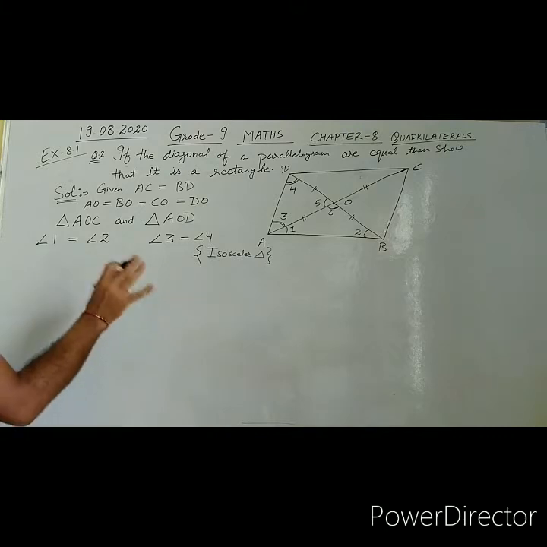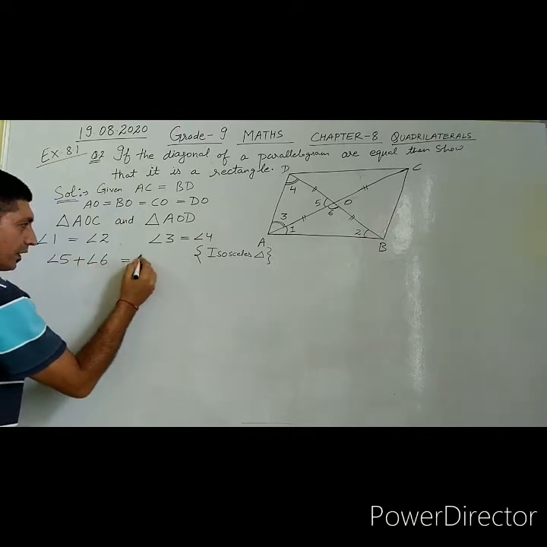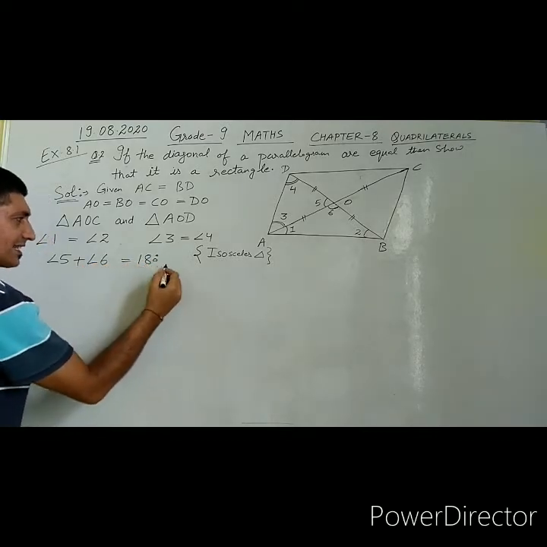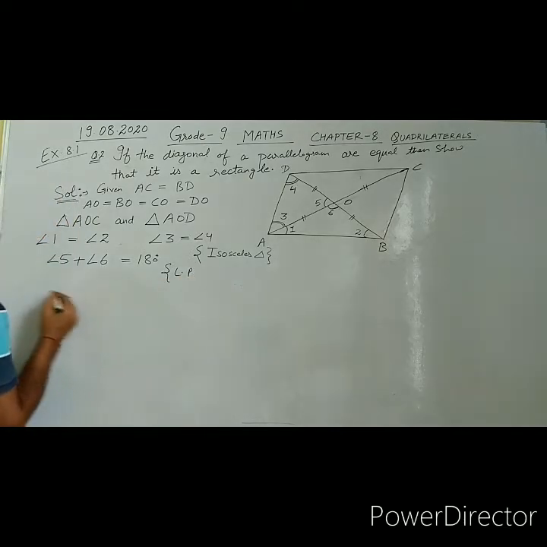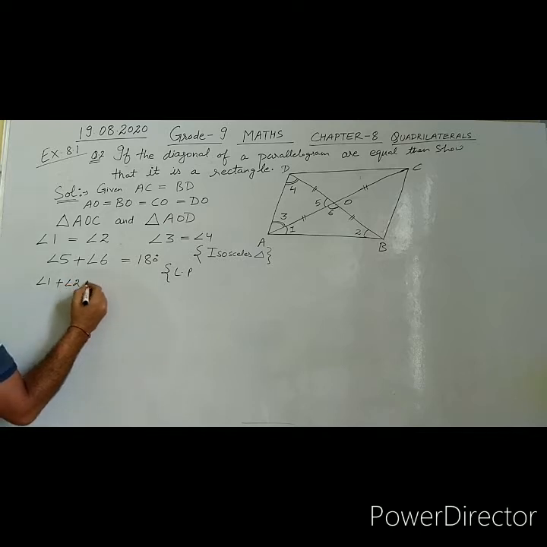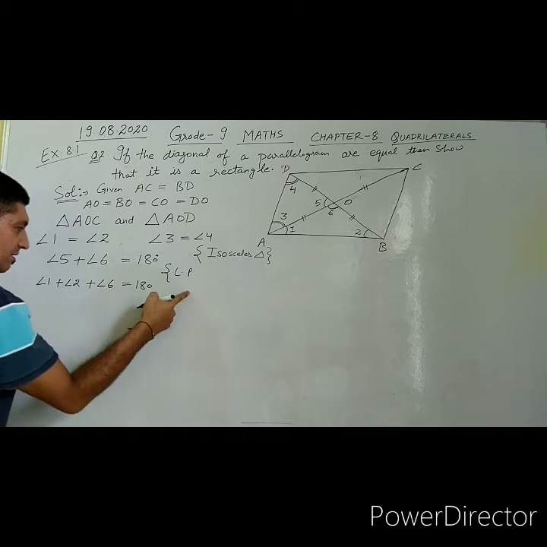So here we can write that angle 5 plus 6 is also 180 degrees, that is a linear pair of angles. And angle 1 plus angle 2 plus angle 6 is also 180 by the angle sum property of a triangle.